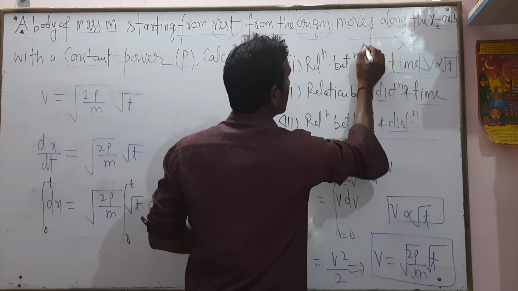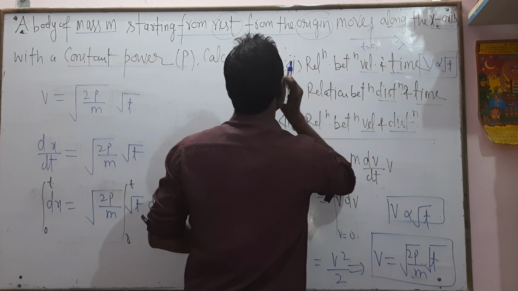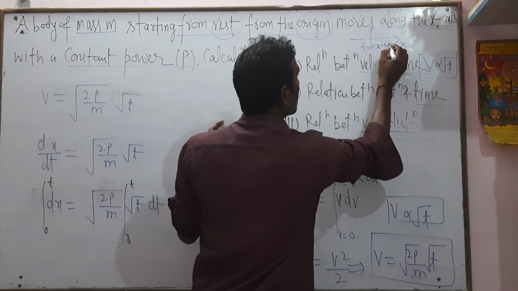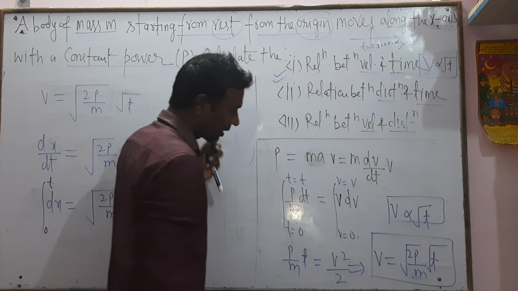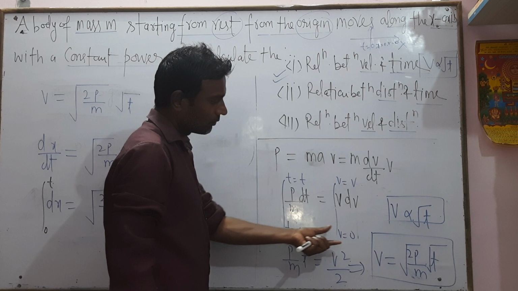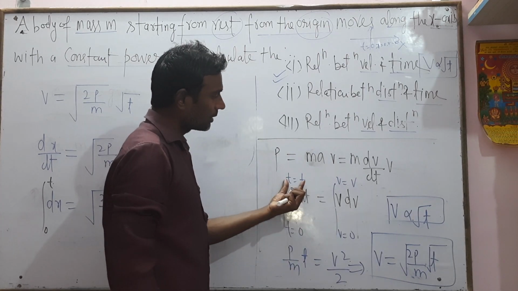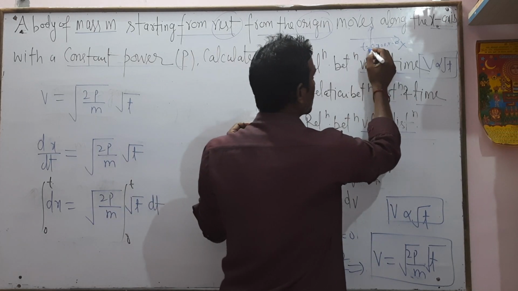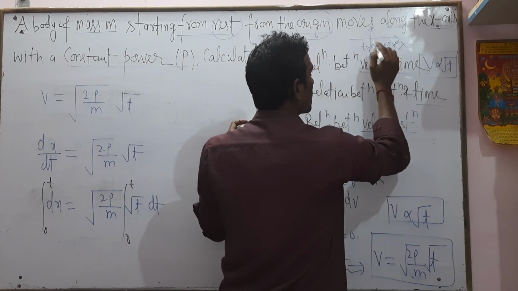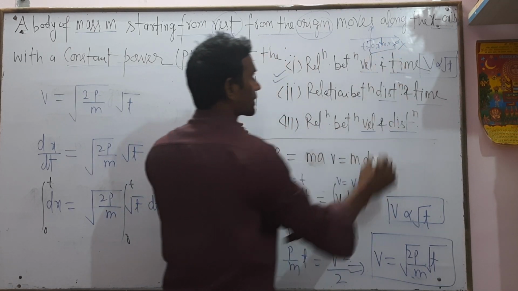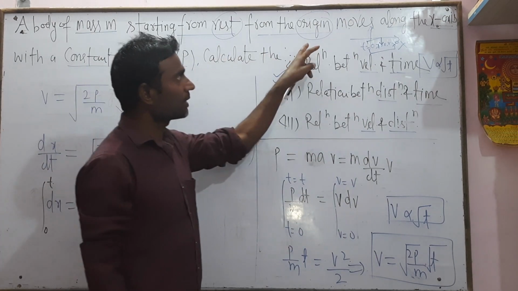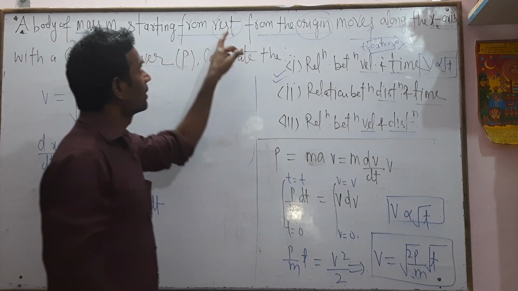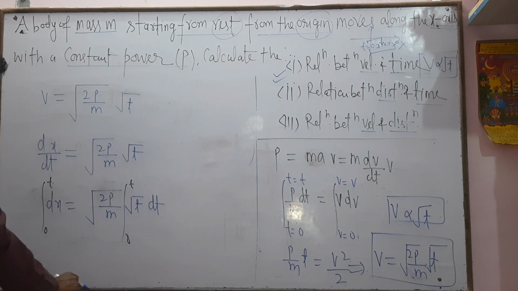At time t equals 0, initially x equals 0 and velocity equals 0. At a general time t, velocity equals v. Because this particle moves from rest at the origin along the plus x-axis.